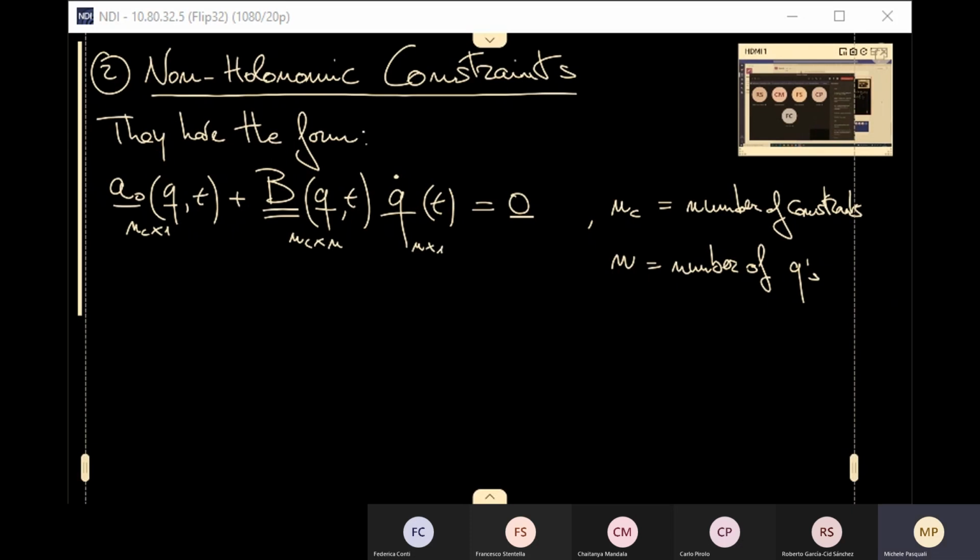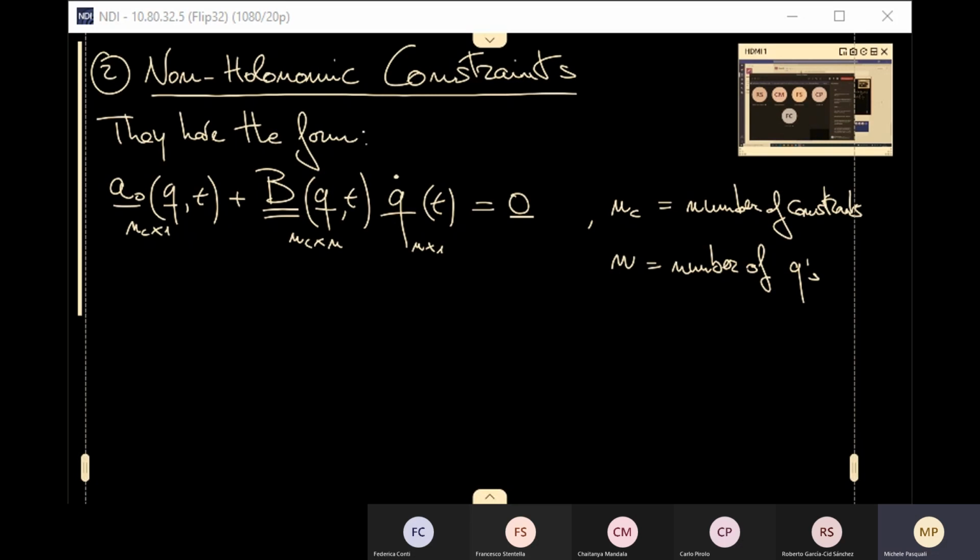Now, there is one very important thing to say. This categorization of constraints is not just a matter of form. If they have one form, it's called holonomic. If they have another form, it's called non-holonomic. It's really a matter of a substantial differentiation.